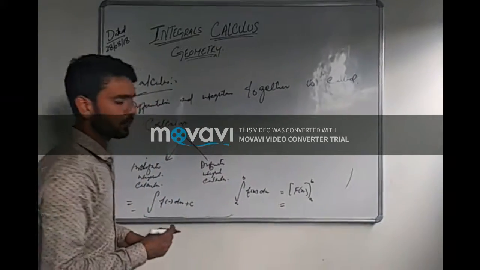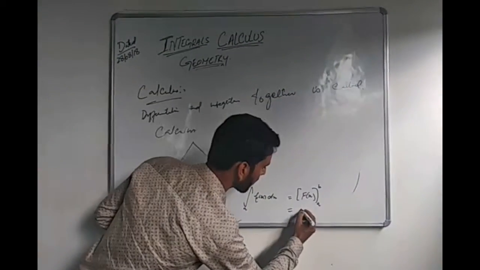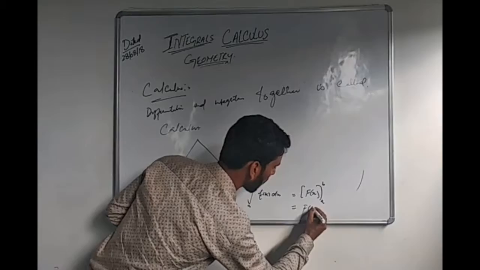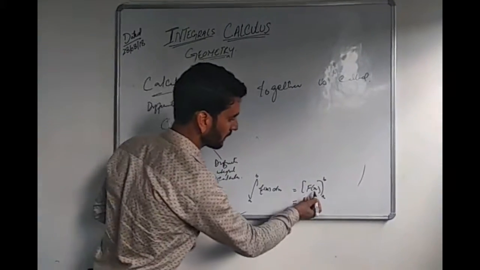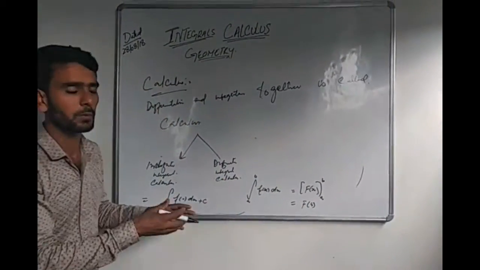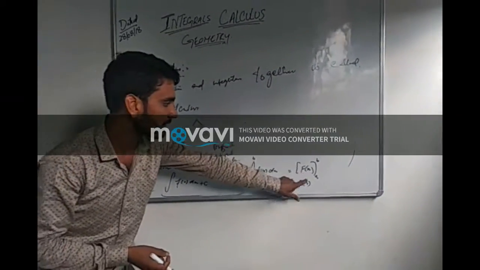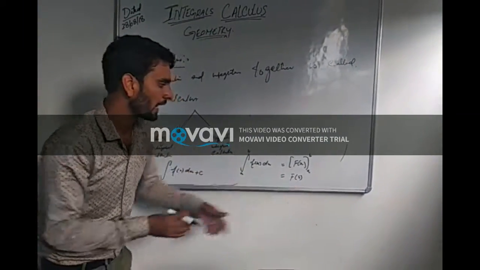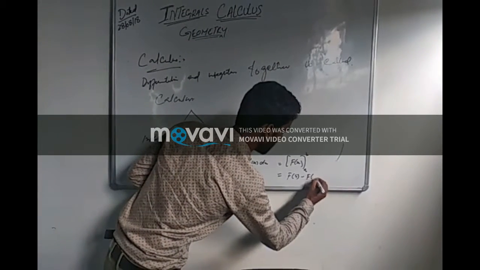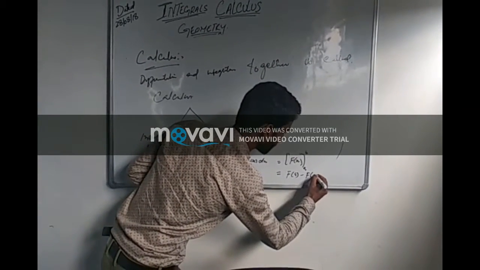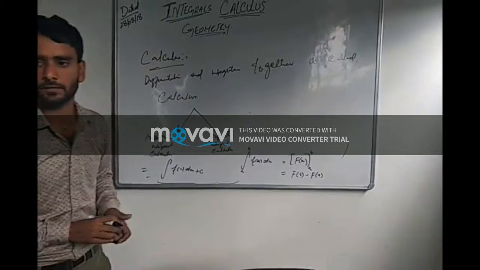The next step is, for these limits, we use f of b, with x taking the b value for the upper limit, and then f of a for the lower limit.